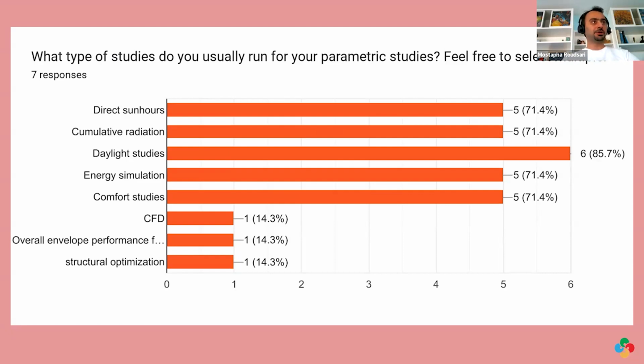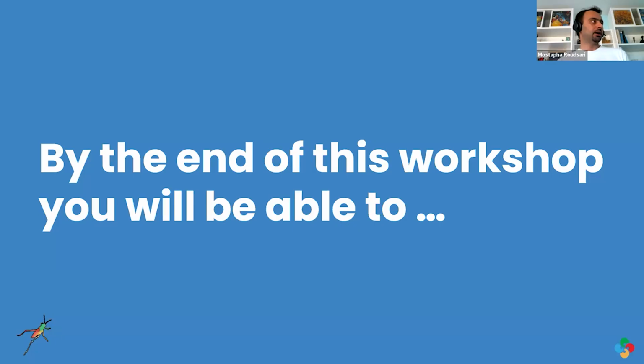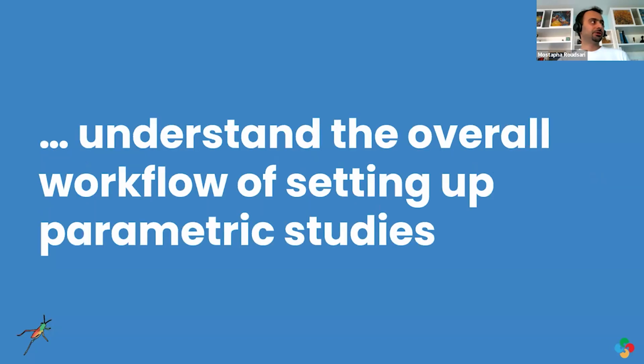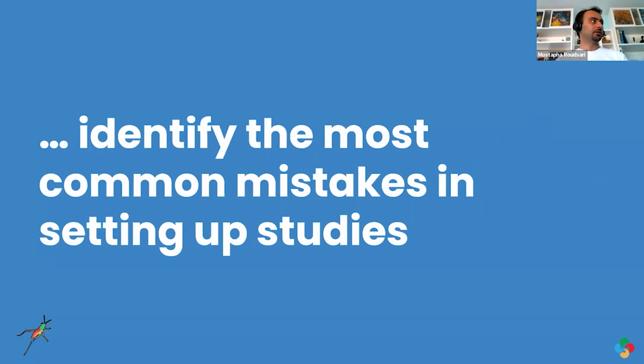Daylight study is the one that most people wanted to run, and I will show a sample of a daylight study, but I will use a simple box first to show the logic for setting up parametric studies before getting there. So by the end of this workshop, you will be able to understand the overall workflow of setting up parametric studies: what are the things that you should keep in mind, what's the input, outputs, and the things that usually you do wrong.